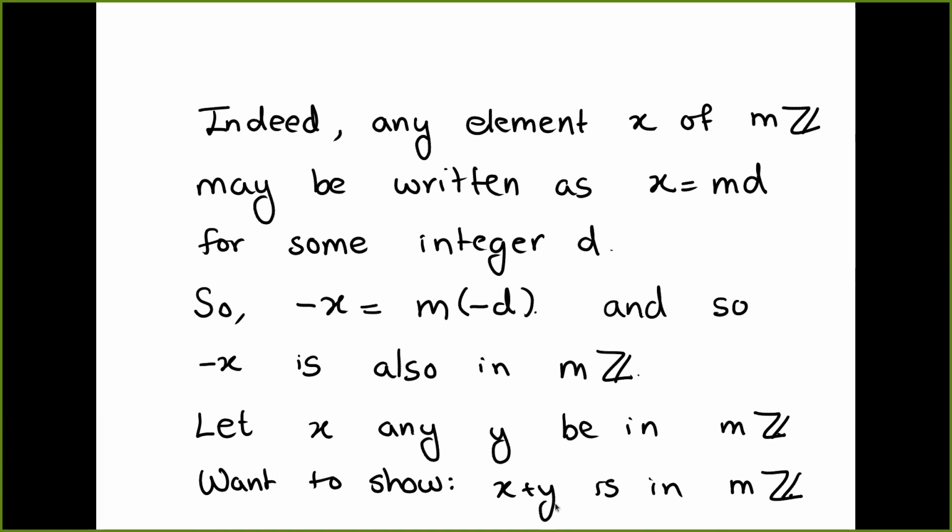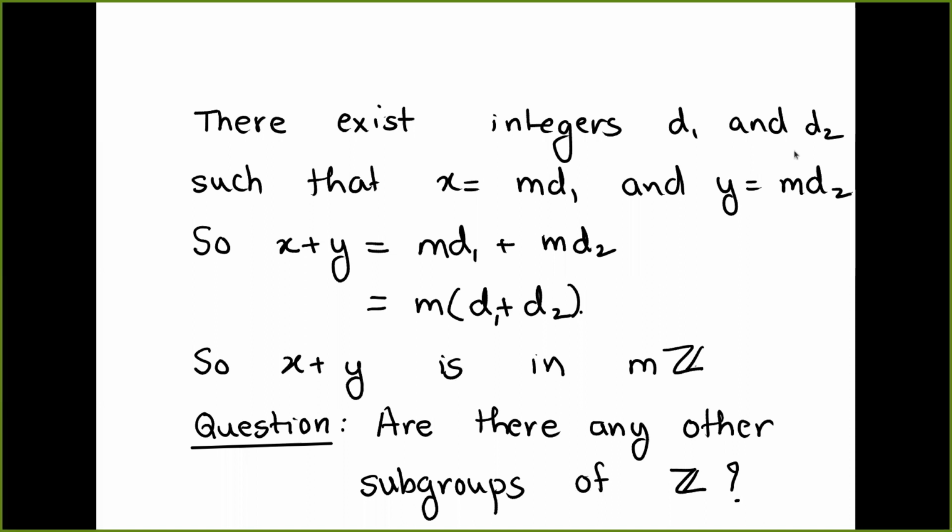I want to show that X plus Y is in MZ. There exist integers D1 and D2 so that X is equal to M times D1 and Y is equal to M times D2. And so X plus Y is M times (D1 plus D2), so X plus Y is also in MZ. These are simple verifications. The existence of the identity is also simple because 0 is equal to M times 0, so that is also in MZ. So it's very easy to see that MZ is a subgroup.